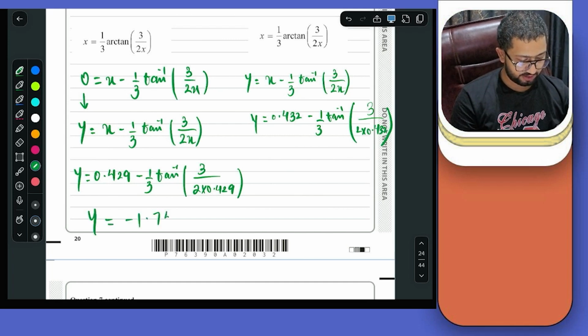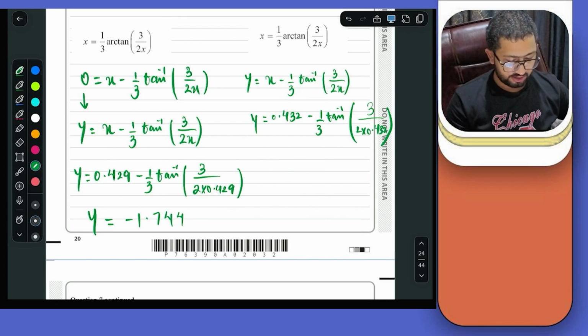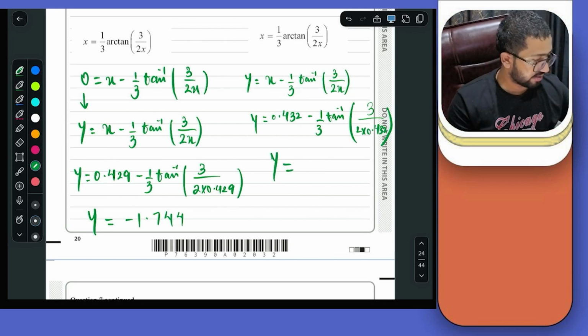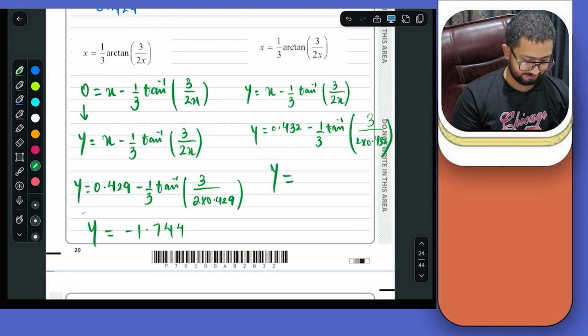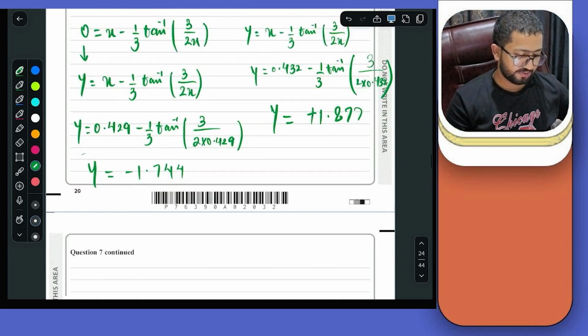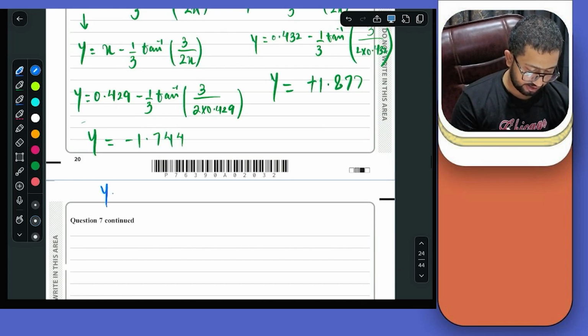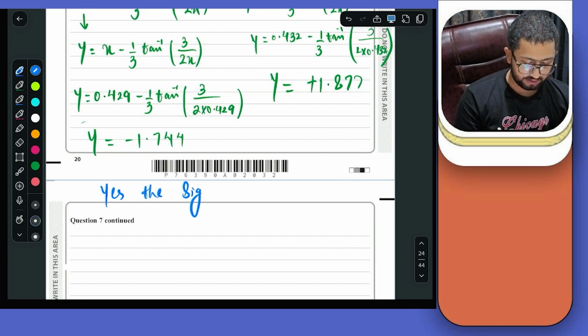This is negative 1.74, so this is a negative sign. Let's check the sign of the other value. So this is positive. The sign should change. Yes, the sign has changed.